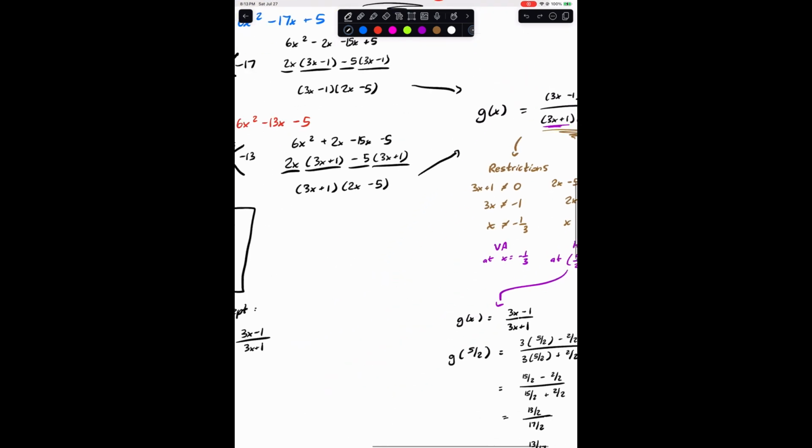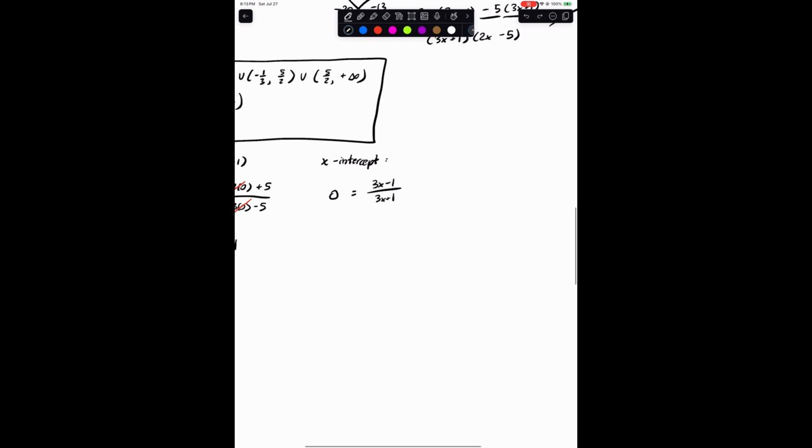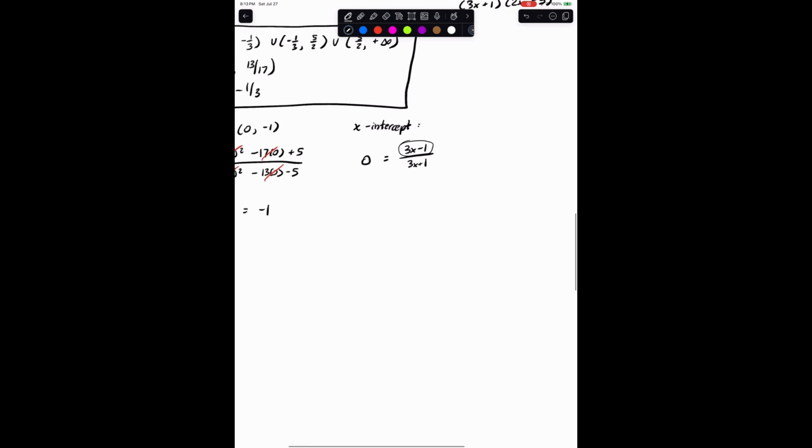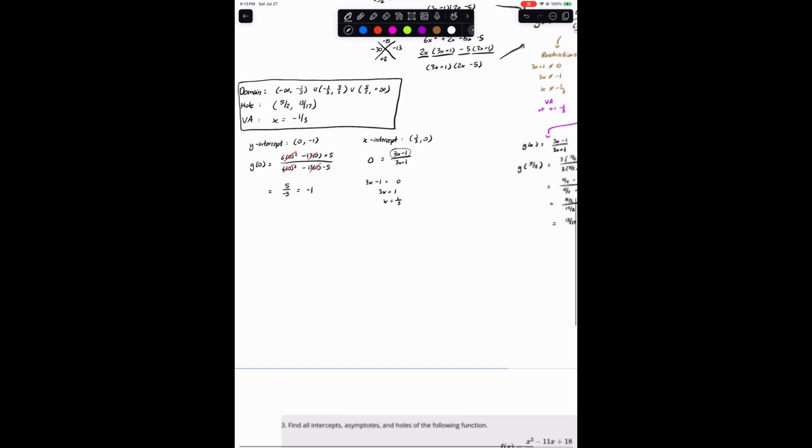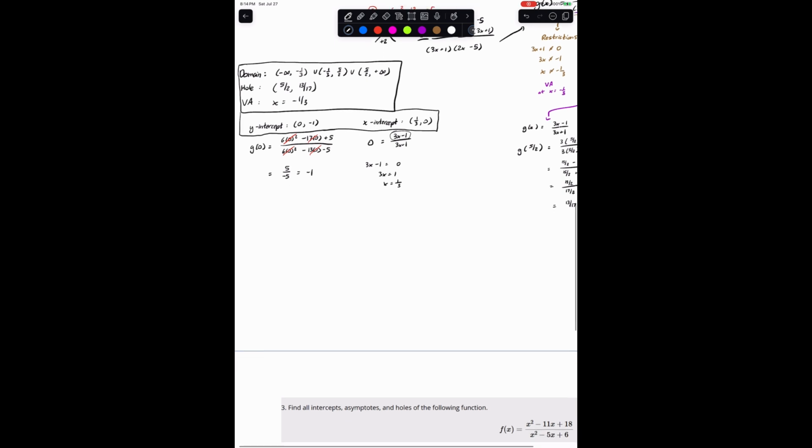Numerator is all I care about, because to make a fraction 0, your numerator has to be 0. So 3x minus 1 equals 0, 3x equals 1, x equals 1/3. So my x-intercept will be 1/3, comma 0, and these will also be part of my answer. There you go.